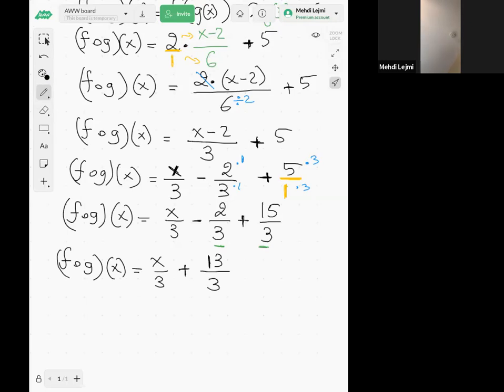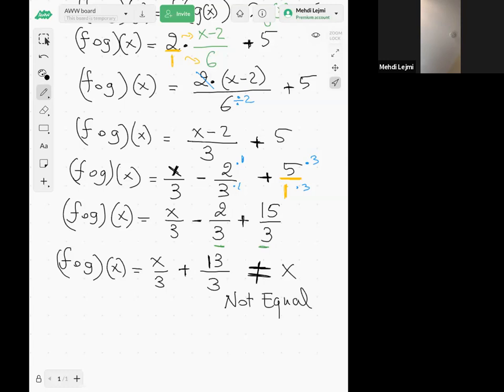All right, so I'm done with the simplification here. This is obviously not equal to x. If it's not equal to x, then you are done.